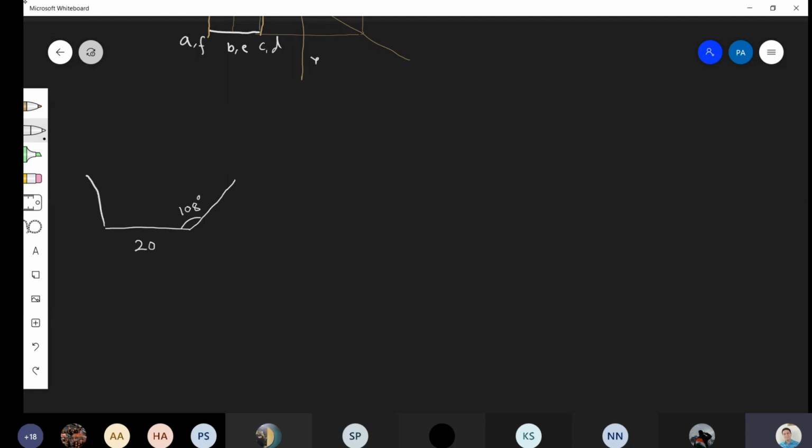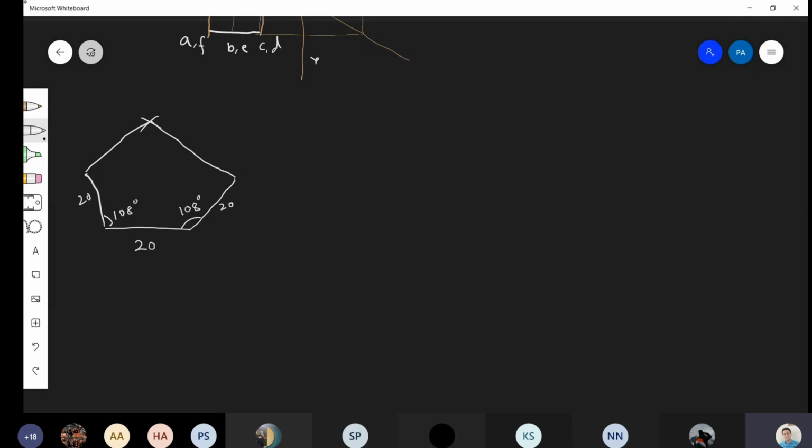Then we'll draw another line here, and the internal angle will be 108 degrees. This will be 20, this will be 20. Then from this point and from this point, we will take a radius equal to 20 in the compass and draw an arc like this, and from here draw an arc like this, and then join this and this, you get a pentagon.